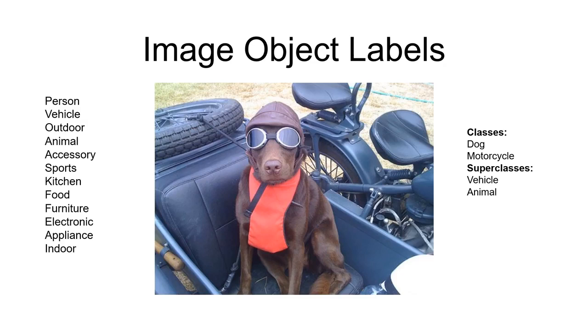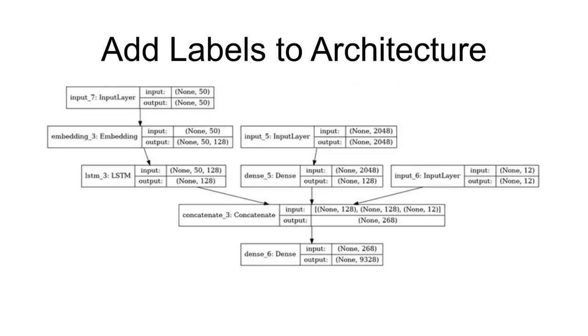The dataset contains about 80 base classes, each of which belongs to one of the 12 superclasses seen on the left side of this slide. For example, this image has the labels for dog and motorcycle, which fit under the animal and vehicle superclasses, respectively. Next, we will look at how we decided to leverage this data to try and improve our model.